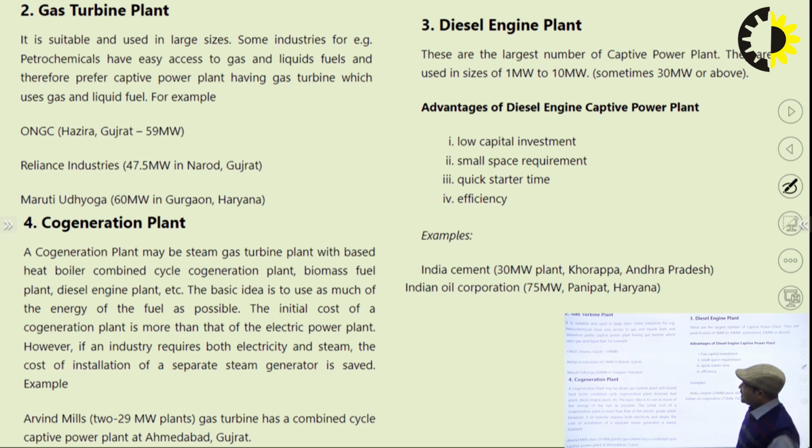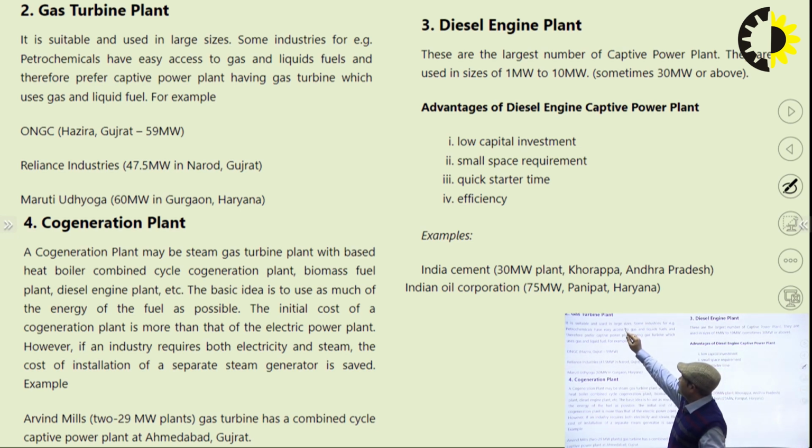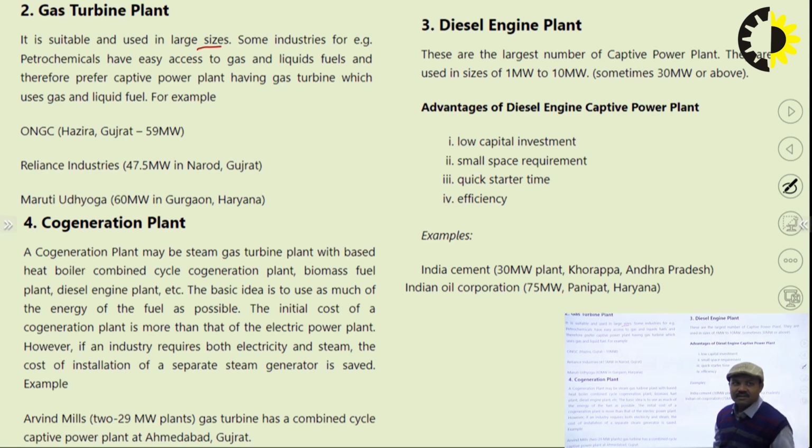So gas turbine based plant is suitable and used in large sizes. Some industries, for example petrochemical, have easy access to gas and liquid fuels, and therefore prefer a captive power plant having a gas turbine which uses gas and liquid fuel.